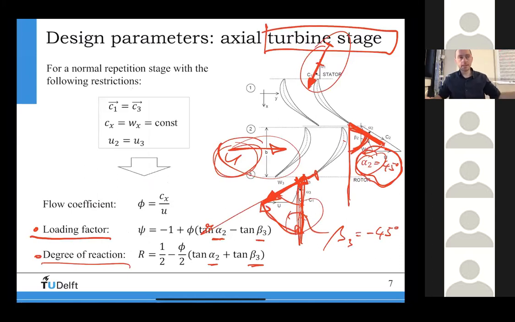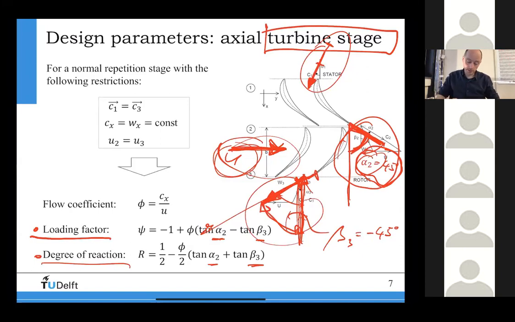Because I said that in the direction of the rotation, all the angles are positive. Against the direction of the rotation, the angles are negative. Just like for the velocity, right? This is a positive u velocity here, and this is a positive angle. This is a negative angle.